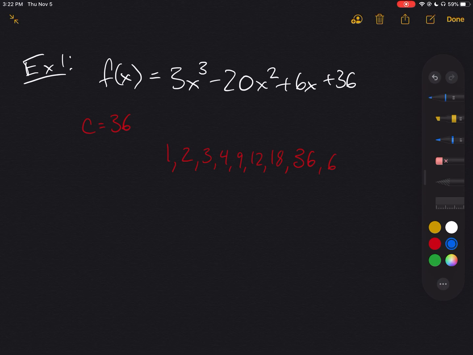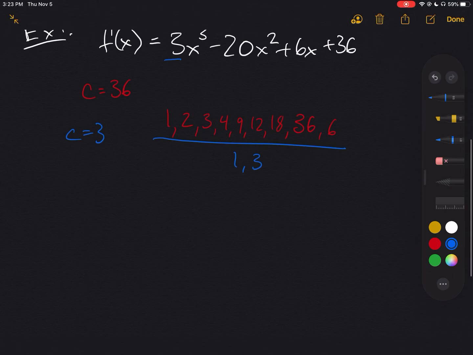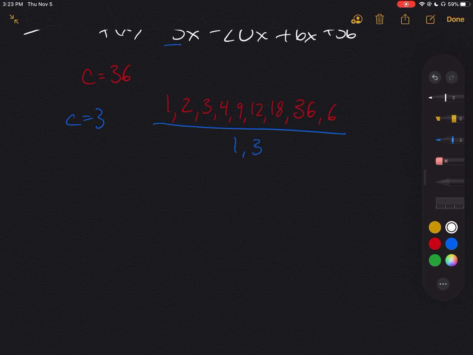Then I want to identify the leading coefficient, which is 3. So then over all the factors of the leading coefficient. Now, this is where it gets a little wild. We want to pair up every number from the top with every number from the bottom, right? I'm going to pair up every single number from the top with 1. Anything over 1 is just itself.